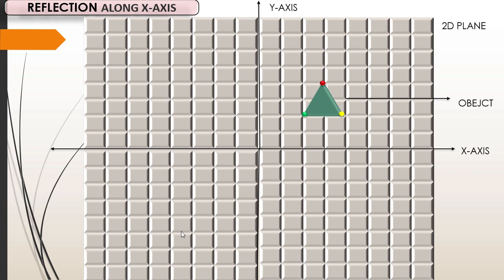This is a triangle with vertices named A, B and C. We need to perform reflection along the x-axis. It means x stays positive and y becomes negative. At that time A dash will look like this, B dash will look like this and C dash will look like this. So this is the reflection along the x-axis.